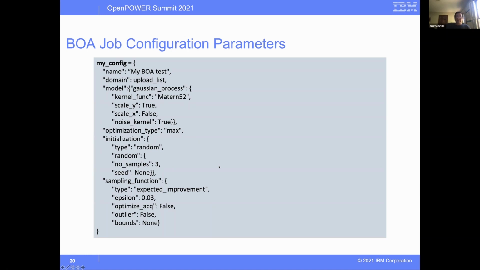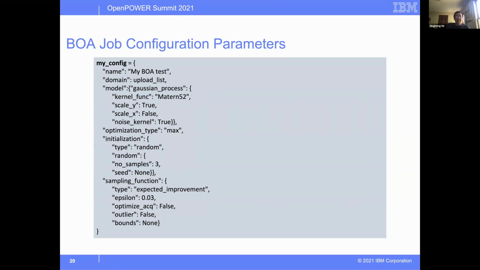Now this is for the BOA server itself. This is what those dictionaries look like there. So you give a name, and then this domain is something which depends on your design parameter space. Your input values of your optimization problem could be a continuous domain.